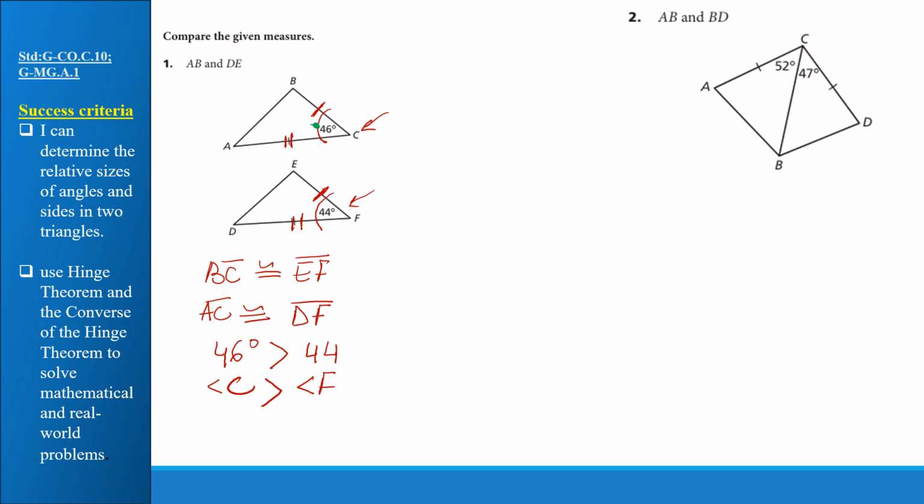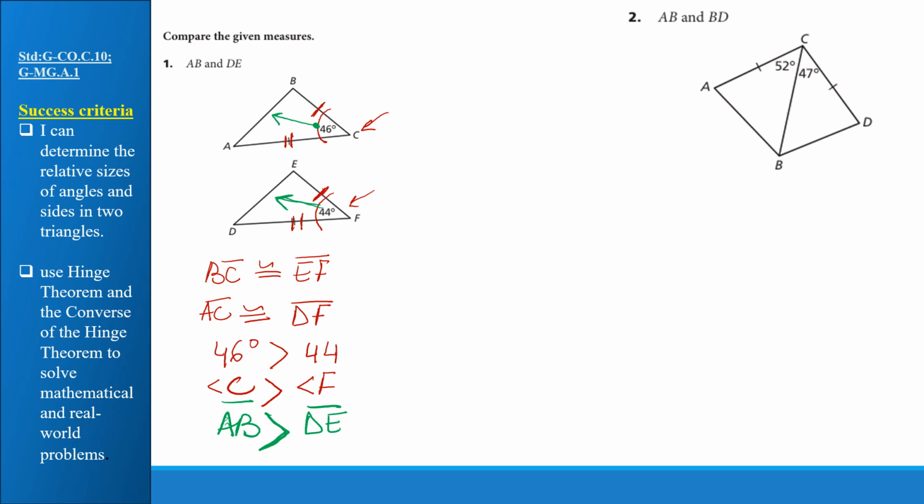Opposite to angle C, or 46 degrees, the side is AB. And opposite to 44 degrees, the side is DE. So if 46 is bigger, it means the opposite side AB is bigger than the side opposite to 44. So AB is bigger than DE.